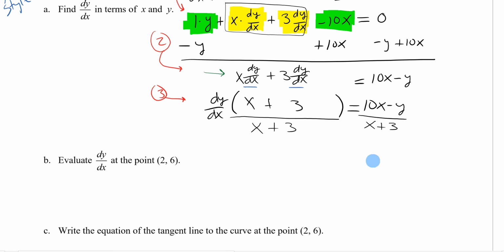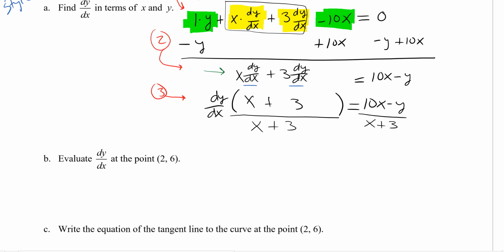So my final answer, and this is step 4. Step 4 usually gives you your final answer. dy dx is equal to 10x minus y all over x plus 3.